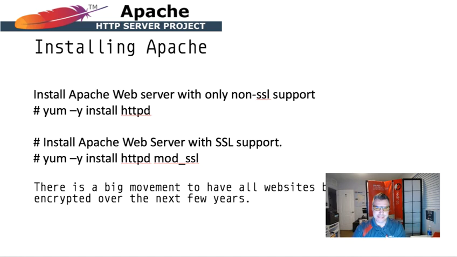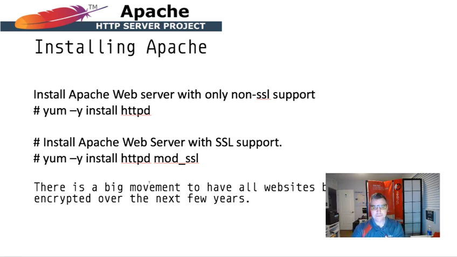If we ran this command alone, it would install Apache with the default web page with a non-secure website. If we wanted to add support for SSL, we could in addition say yum -y install httpd mod_ssl.